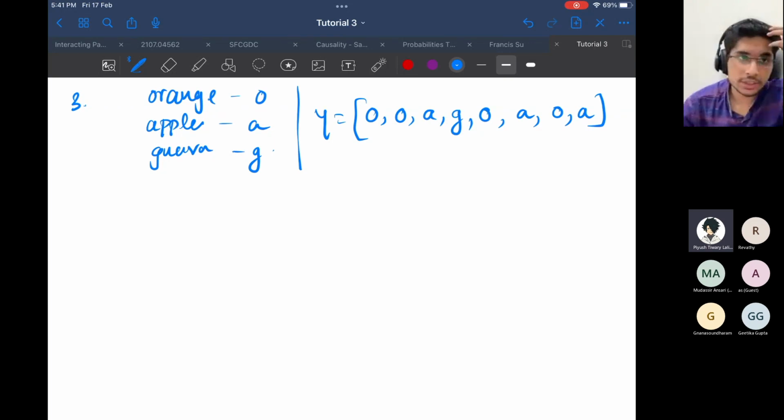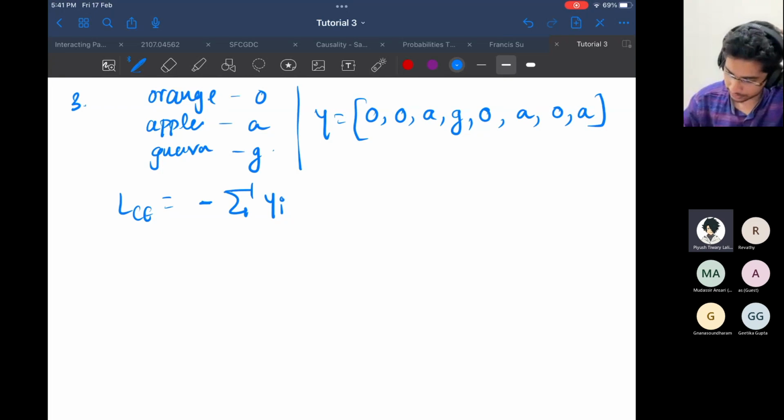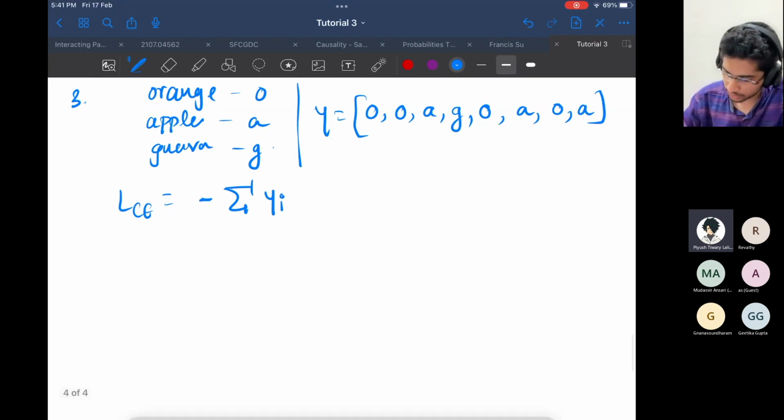And we are asked which of the following distributions will give the lowest cross entropy loss with Y. So just remember, what is the cross entropy loss? Cross entropy loss is the following, right? You have a negative summation over i of yi log of yi hat.